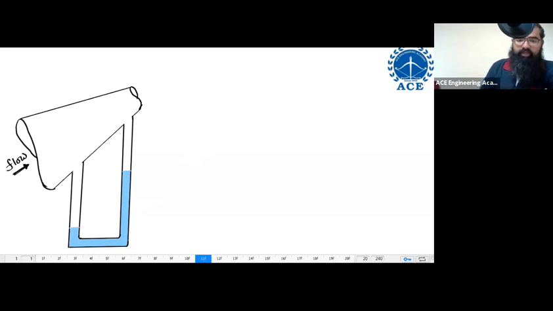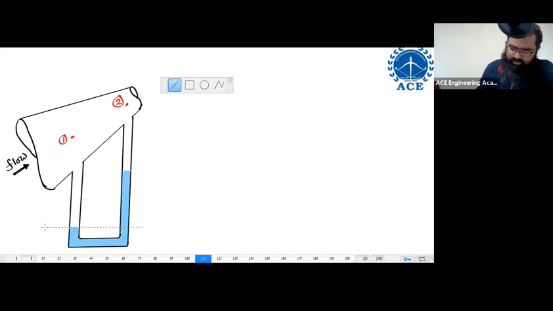This is a position attained by the manometric fluid. I'm having a certain point over here, let us say the point is 1. I'm having some point over here, this point is 2. I'm choosing a reference datum, which is up to us. That is why I'm deciding this as my reference datum. Let us say this is Z equal to 0, the reference datum.